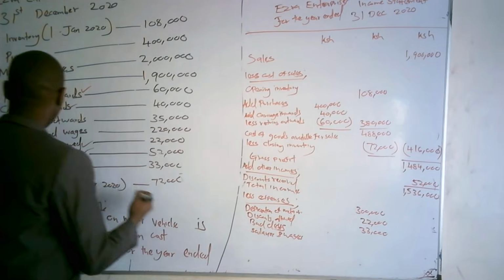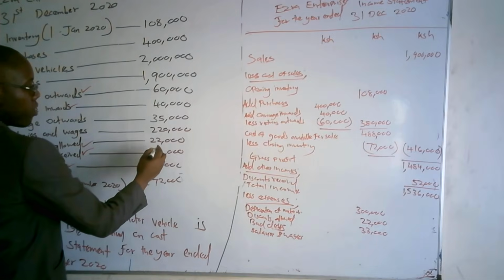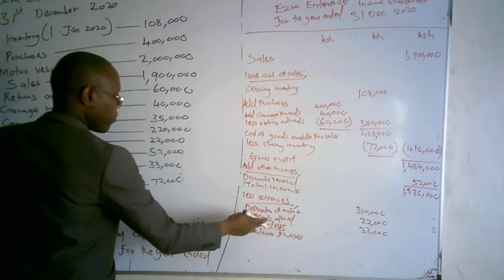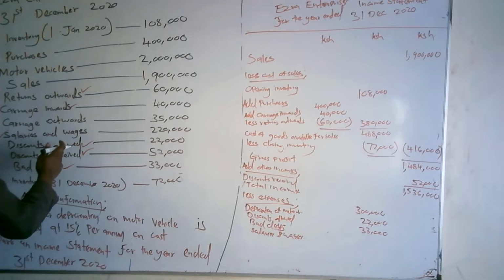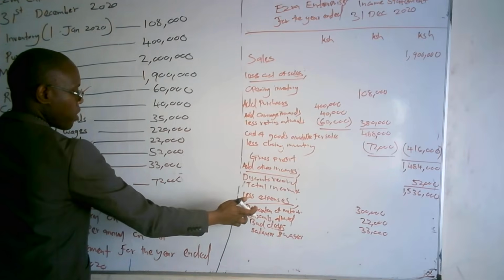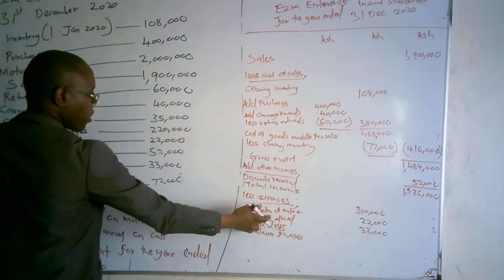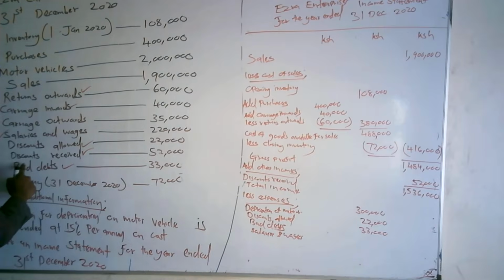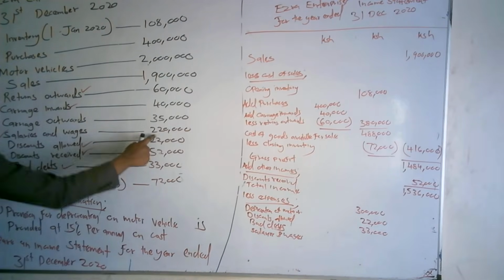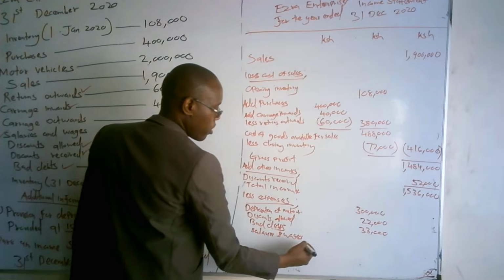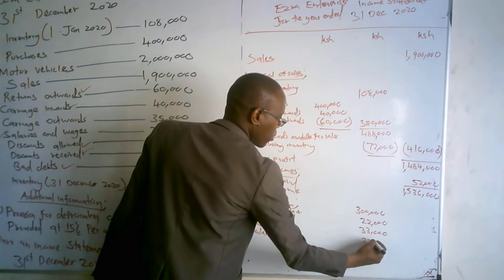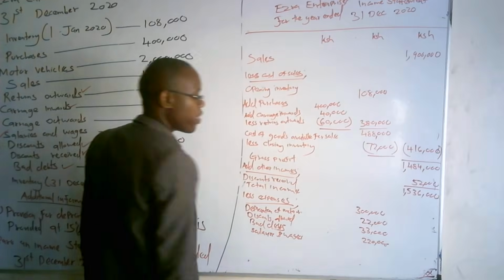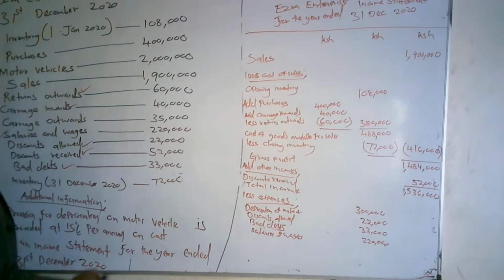So the salaries and wages here, let me see the depreciation there, discount allowed. Discount allowed was 22. So salaries and wages is 220. Salaries and wages is 220,000. It will be captured there.